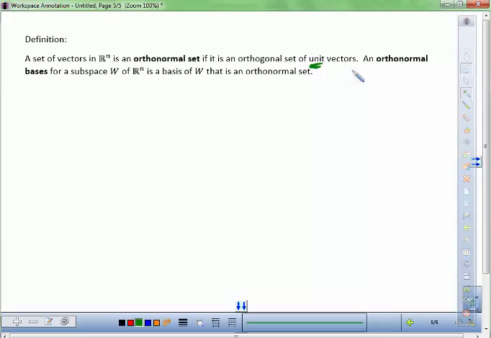An orthonormal basis for a subspace W is a basis that is an orthonormal set. So an orthonormal set is where all the vectors are perpendicular to each other, and all the vectors have unit length. And then they would form an orthonormal basis for your subspace.